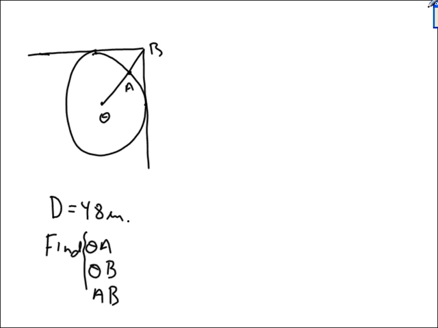Okay, so the diameter is 48. This distance is 48, which tells me that that distance is only 24. This distance is 24 inches, and that distance is 24 inches.